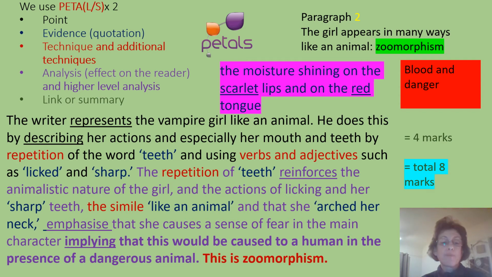We left this paragraph as a model on the board, and the class was then divided up into breakout groups, if they were big enough, and put together on the shared notes on the software an answer about how the writer describes the vampire girl based on this quotation: the moisture shining on the scarlet lips and on the red tongue, and the proposition that the red colours could be related to blood and danger.